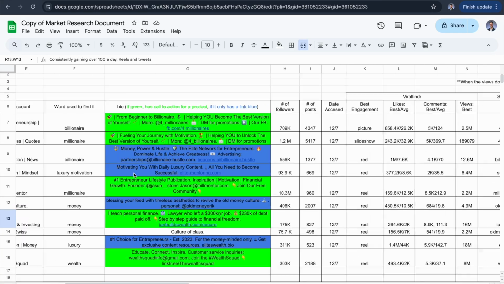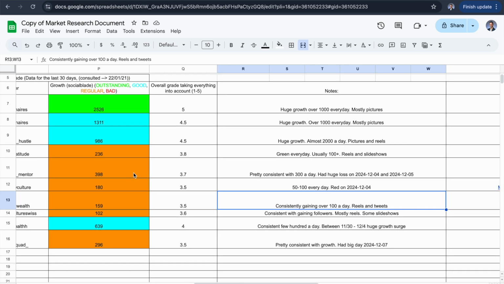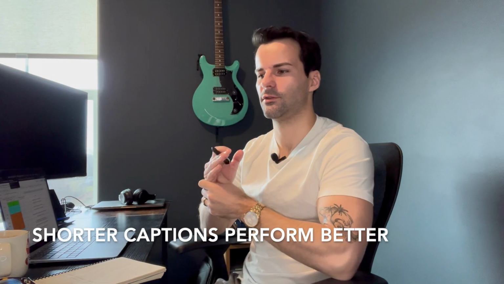One thing I did also notice, just another little side note: shorter captions. I'm going to look at a lot of these pages again, but it seems that shorter captions do better than longer captions. That makes sense because people's attention spans are pretty low, speaking for myself as well. People don't really like to read. If they're scrolling through Reels or posts, most people won't take the time to read the small caption underneath.